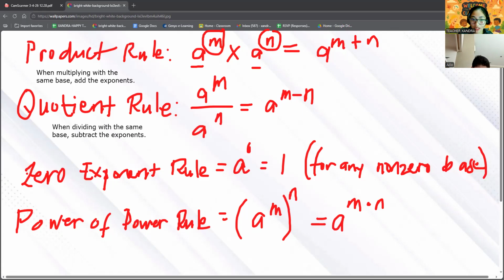A raised to M divided by A raised to N equals A raised to M minus N. Okay, zero exponent rule. If A is raised to 0, the answer would always be number 1 for any non-zero base. Then power of power rule, A raised to M raised to N, you just have to multiply. A raised to M times N. Any question?